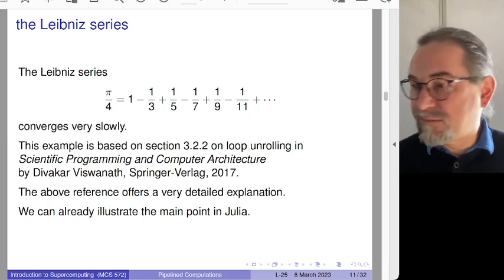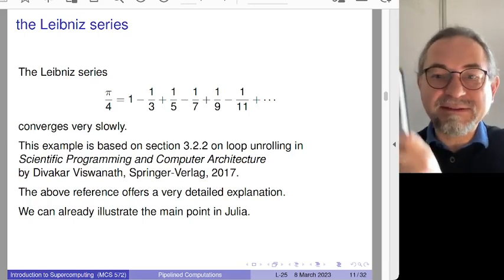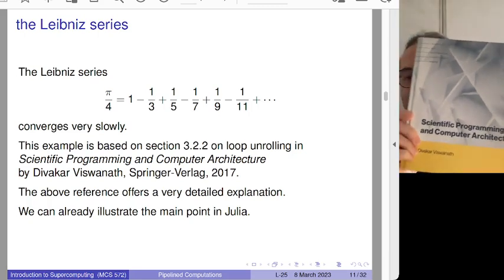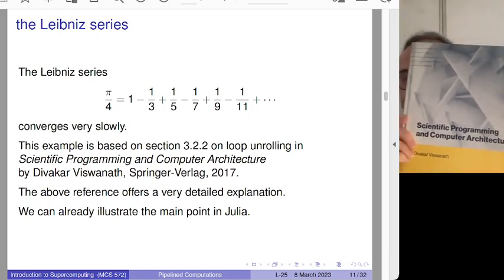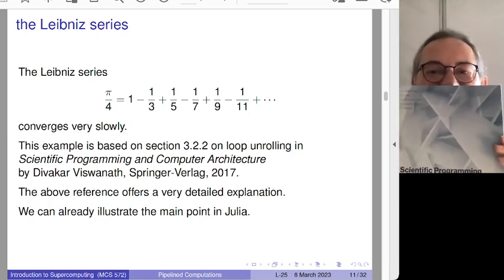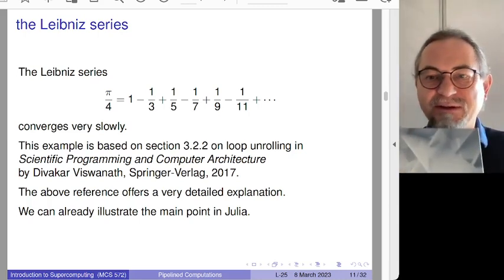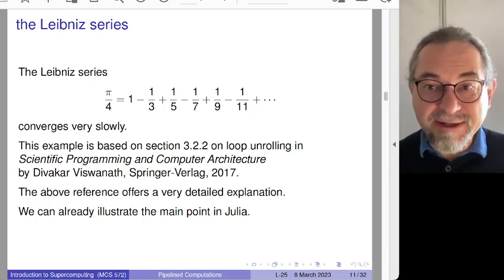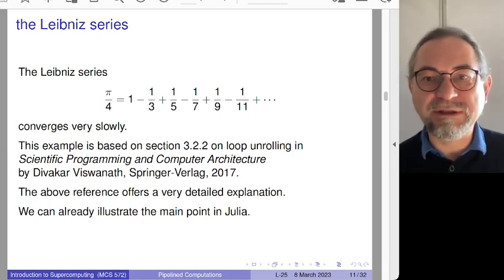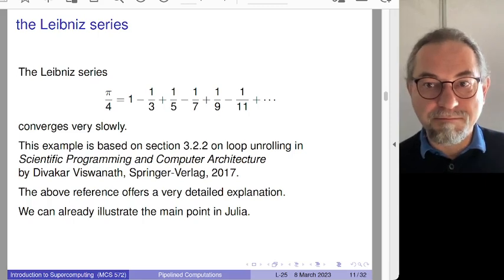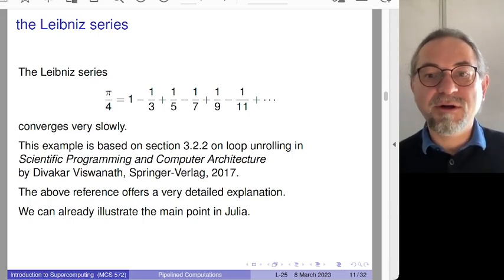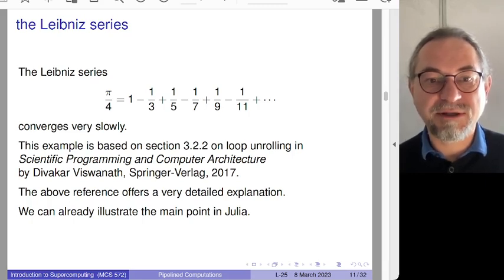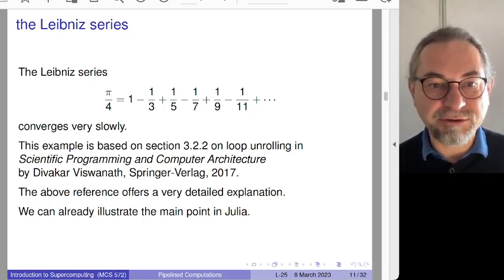So I took this example from this textbook, Scientific Programming and Computer Architecture. It is a fairly recent book. The author explains in great detail what you need to be mindful of when you want to develop programs that are efficient.